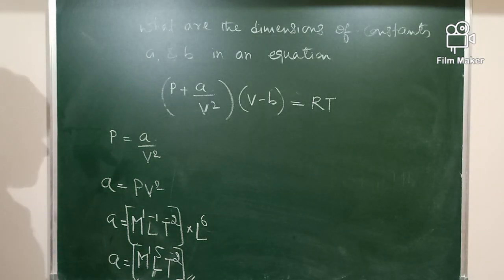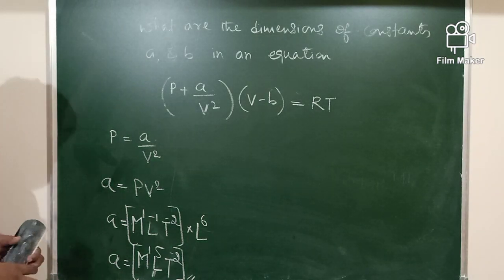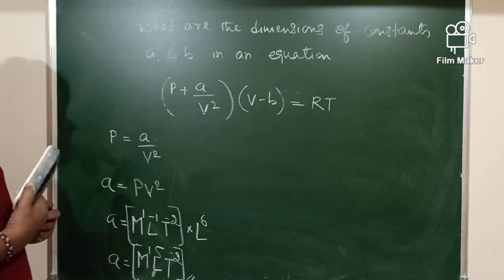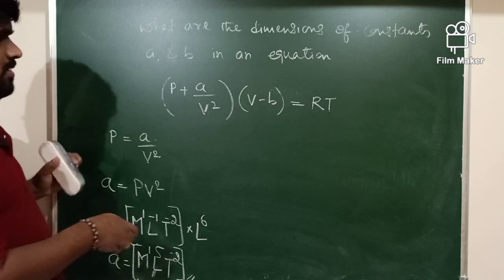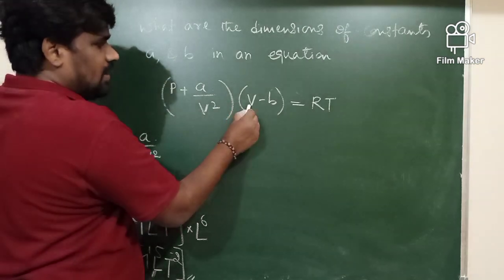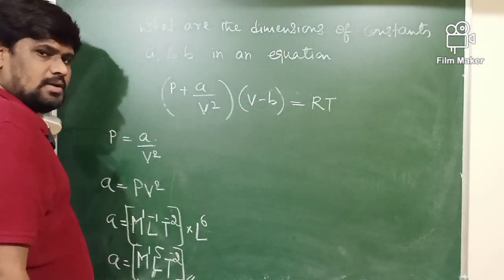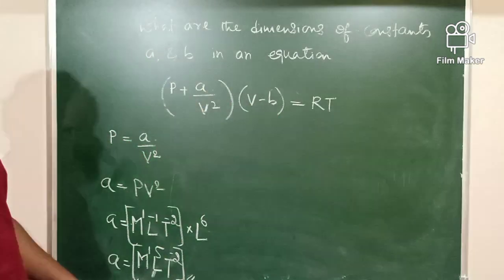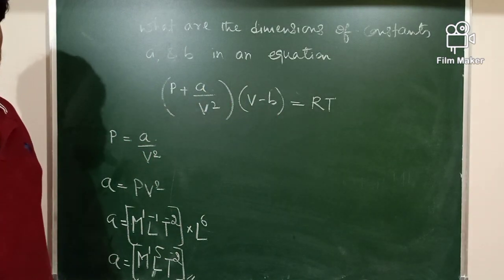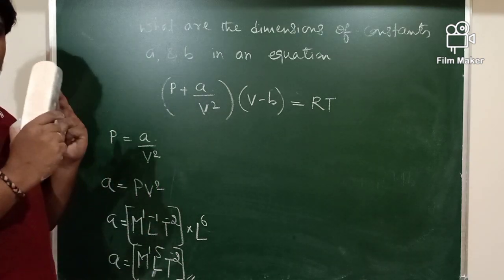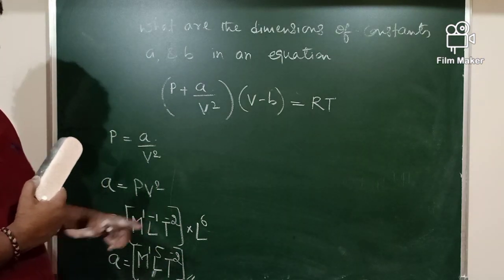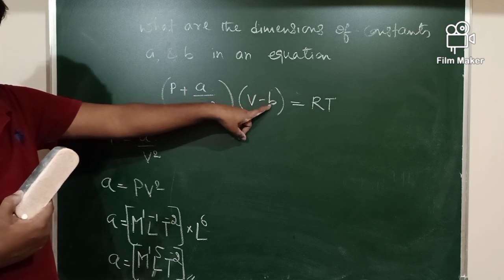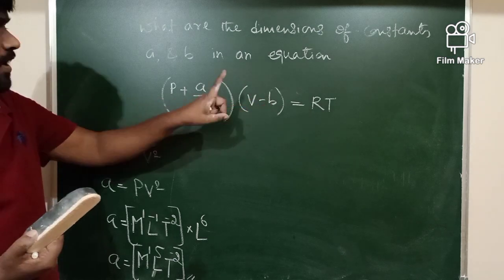Okay, got my point? Yes? Then I want to know the dimensional formula of another constant, that is B. Here, B is subtracted from V. Two terms can be subtracted provided they should have the same dimensions. ಅಂದ್ರೆ dimensions of V should be equal to dimensions of B. ಅಂದ್ರೆ ಏನು ಮಾಡಬಹುದು ನಾವು?